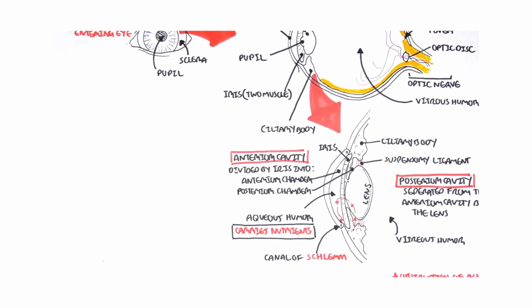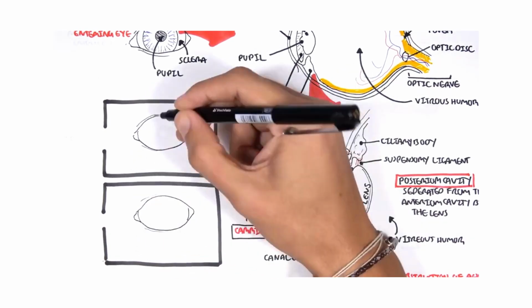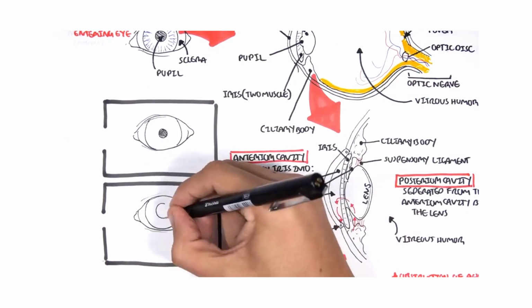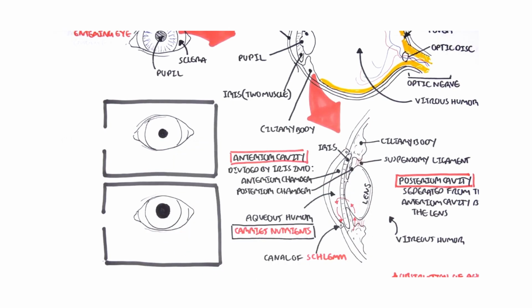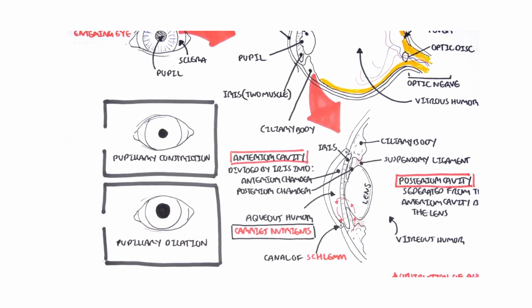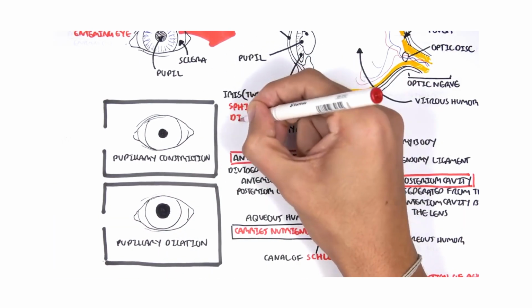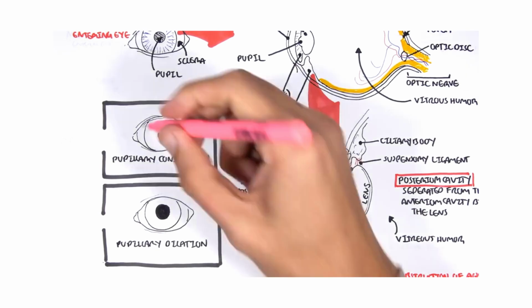Now let us look at two scenarios where the pupil constricts and relaxes. So pupillary constriction and pupillary dilation. Remember, the iris has two muscles. These are the sphincter muscles and the dilator muscles on the outside.